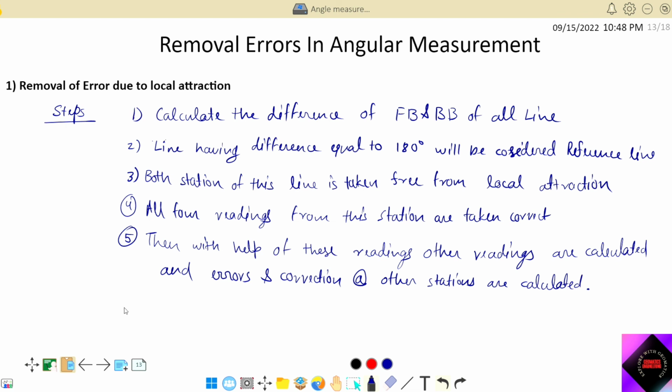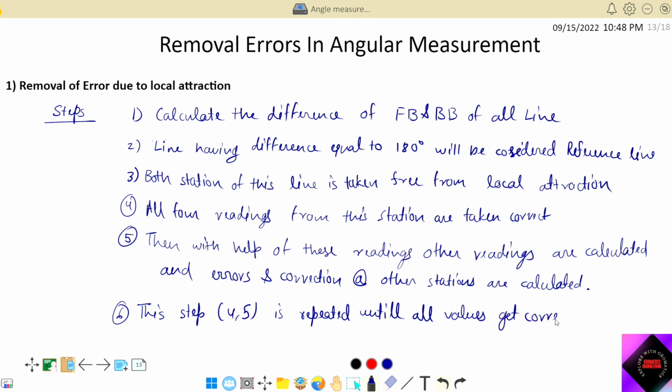And then the last step: steps 4 and 5 are repeated until all values get corrected. So in this way you can remove error due to local attraction.